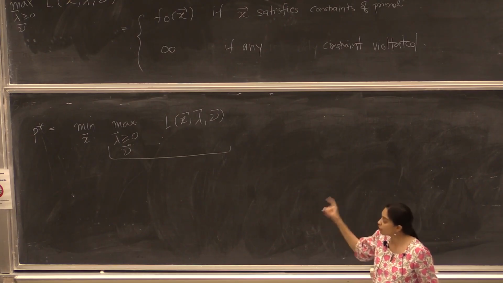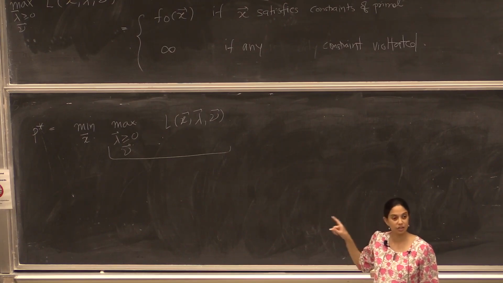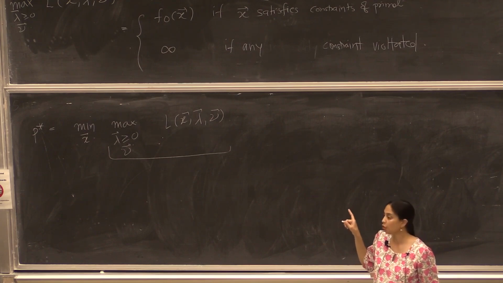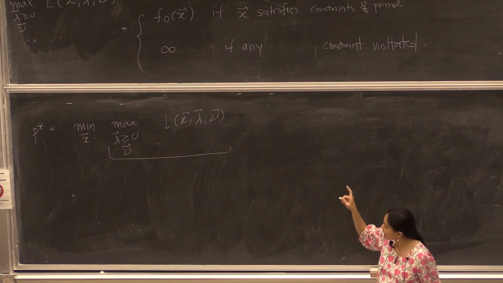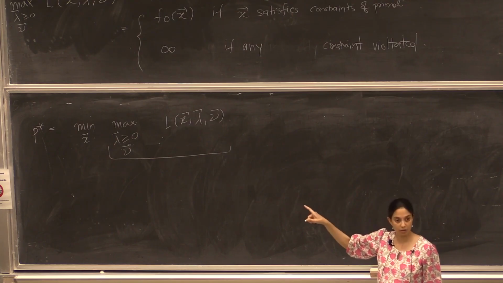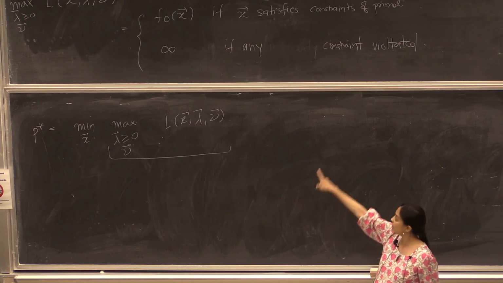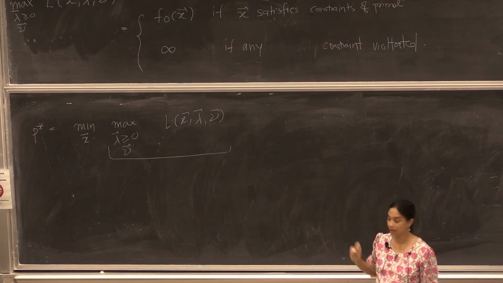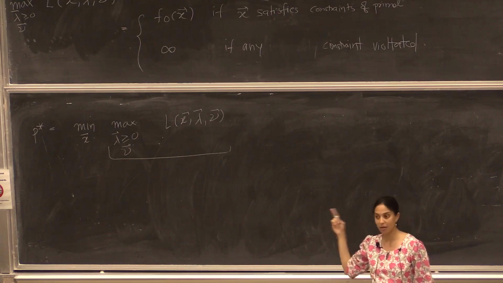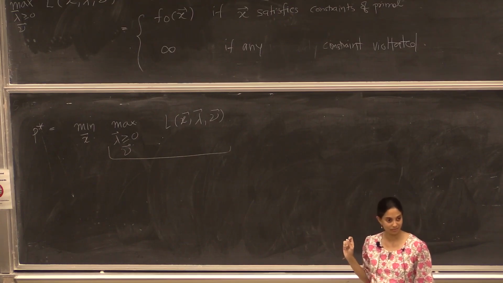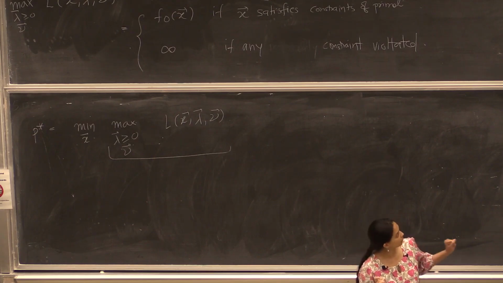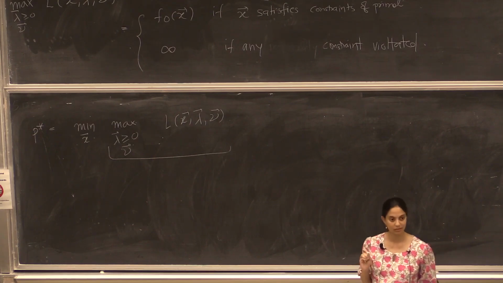So am I ever going to choose an x that violates the constraints? Nope, right? So I can rewrite my primal as exactly this by this argument. It's a min-max.